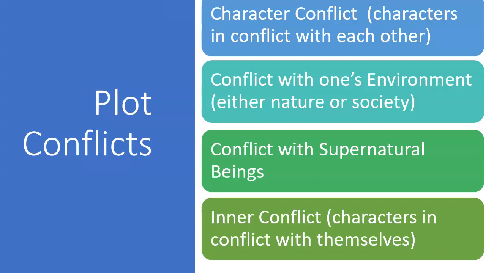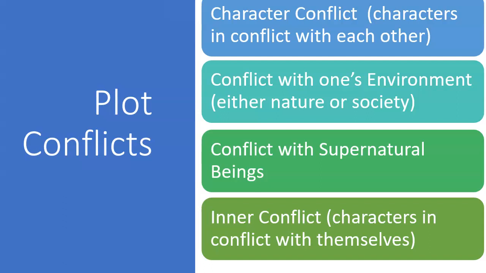Along the way, there are conflicts in our plot. Sometimes they are character conflict, which means there's a good guy and a bad guy, or there's conflict between the characters in our story, and that will drive the plot. Sometimes there's conflict with one's environment, like if you were making a movie about the destruction at Pompeii, you would see many heroic things happening as they struggle against the environment.